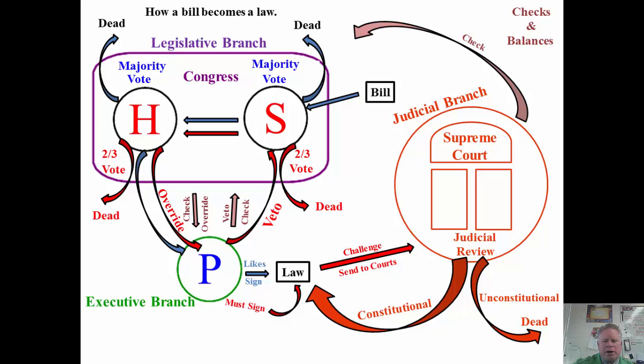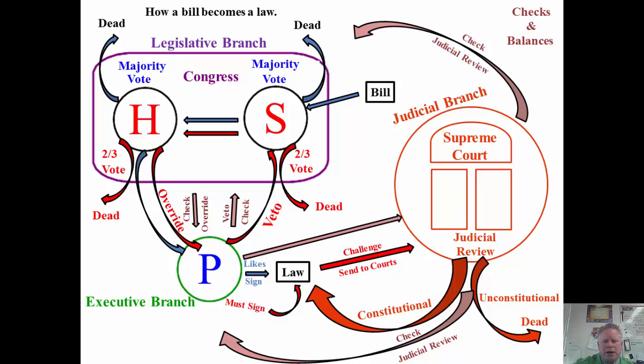The judicial branch's check on the legislative branch and executive branch is judicial review, and the President's check on the judicial branch is he gets to appoint the Supreme Court justices, and the legislative branch check on the judicial branch is they get to approve Supreme Court justices. And that is kind of the basics of the balance of power in our government.